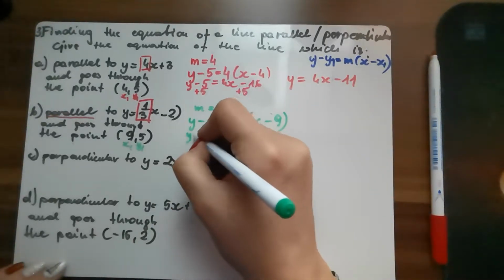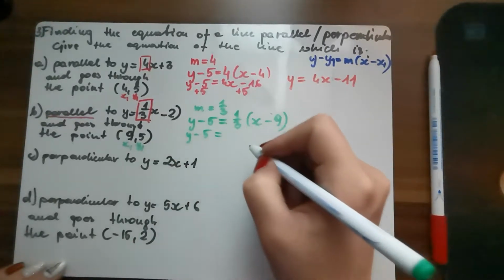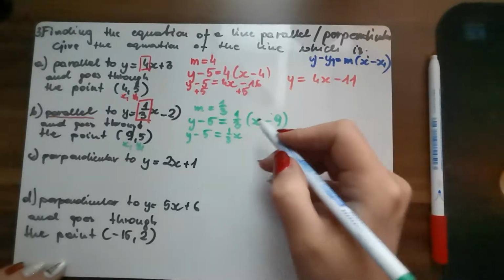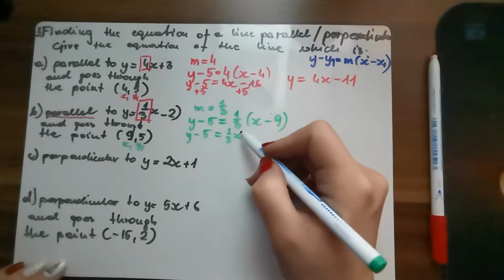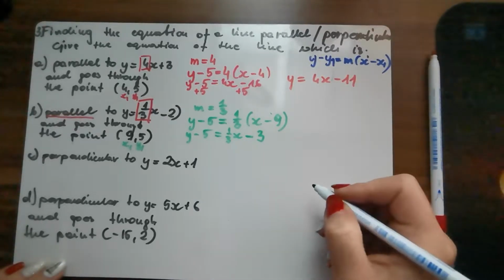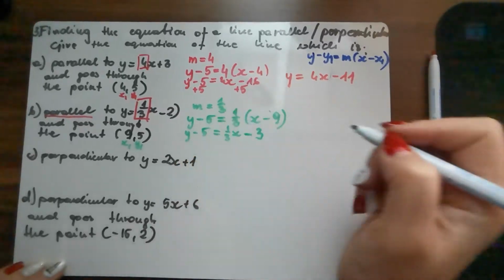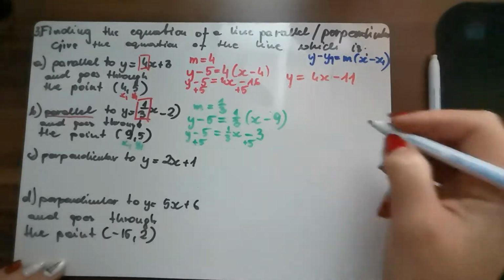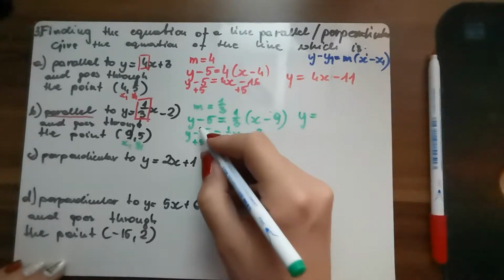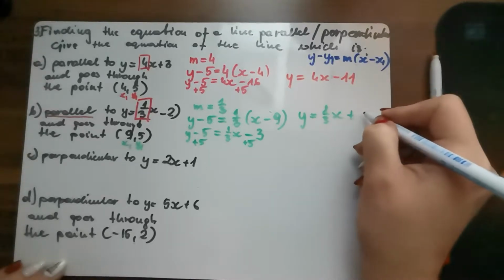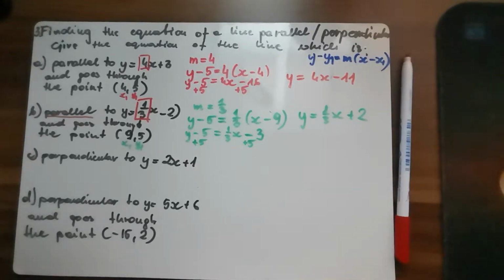Expand the bracket, y take away 5 is equal to 1/3 x take away 1/3 times -9, which will be -3, and rearrange, so add 5 to both sides. We will get y is equal to 1/3 x plus 2.